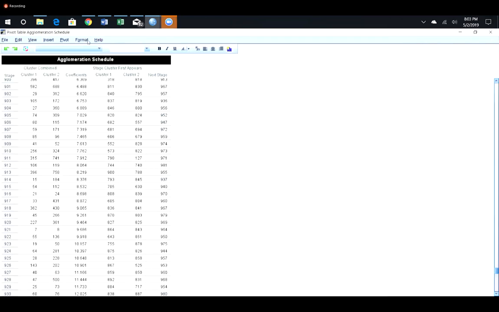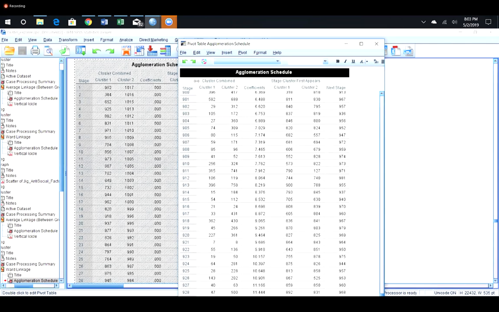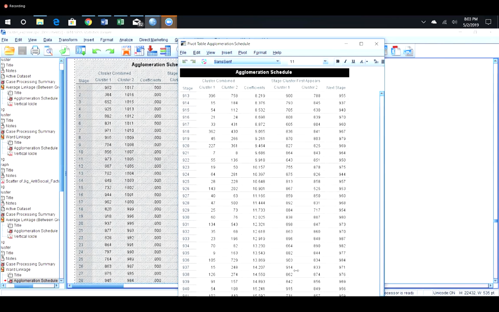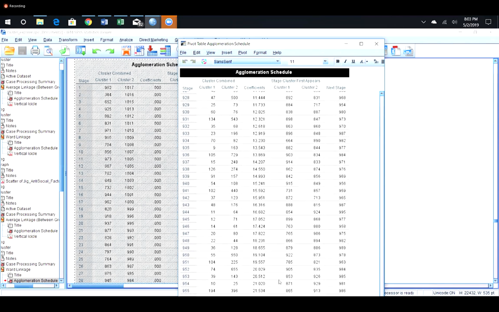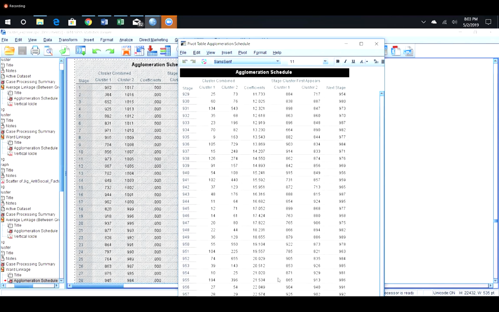Sorry about that. Let's see if I can get this. Anyway, what I'm going to do is go from the bottom of the chart, and cut and paste the coefficients at the bottom of the chart, from 1 cluster to 20 or so.